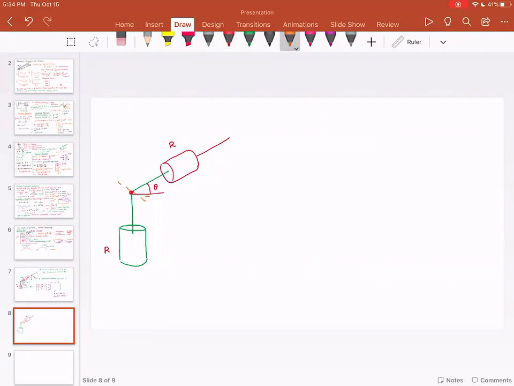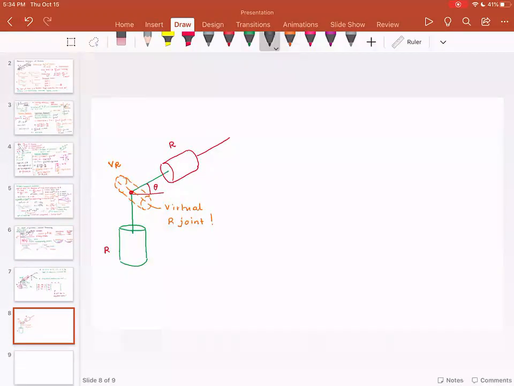This is called the virtual joint. And this technique is not discussed in any of the books. So I'm going to call this a virtual revolute joint, VR. And what is the purpose of this virtual revolute joint? The purpose is to make our life easier.